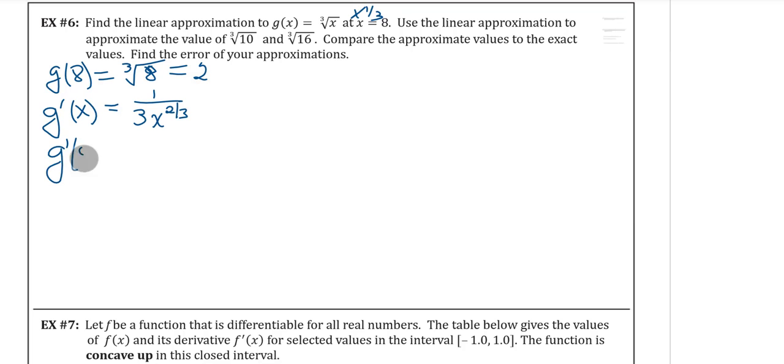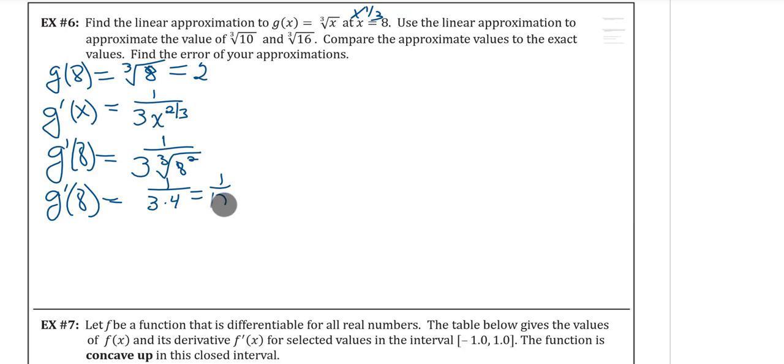So g prime of 8 is going to be 1 over 3, and now I'm going to write it this way just because it's easier for my brain to figure out what the cube root of 8 is and then square it. So we're going to get 3 times 4, so g prime of 8 is 1 over 3 times 4, which is 1/12.